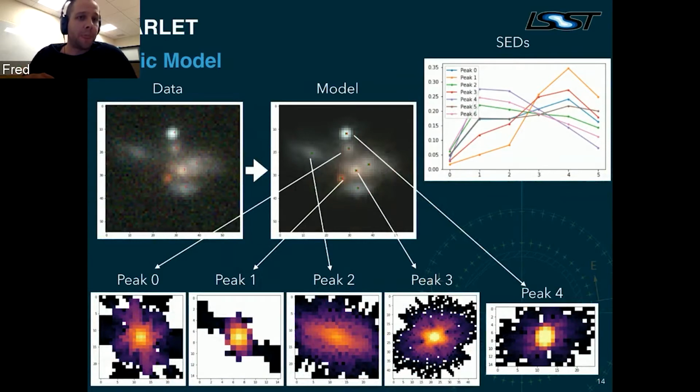Each component has a single morphology and the same SED for that morphology. So in each band, we're saying that it has the same morphology. You can see an example of that here, where on the right, you see the SEDs for all of the objects in this image. And along the bottom, this is the morphology that we combine with the SEDs to try and recreate the data.